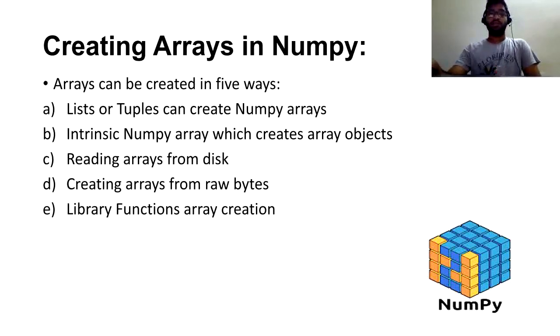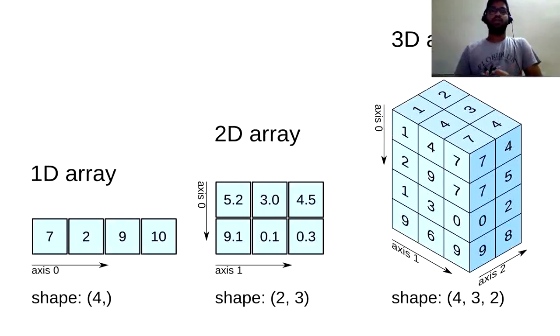And guys, one more thing, as I told, NumPy mainly uses the concept of arrays. So the data that is stored will be in an array format, like visualizing the data either in one dimensional or two dimensional or three dimensional, whatever it might be. Here you can see we have one dimensional, two dimensional, three dimensional.